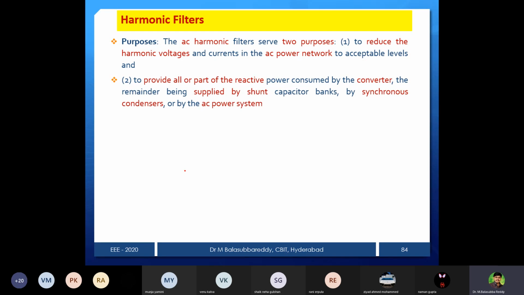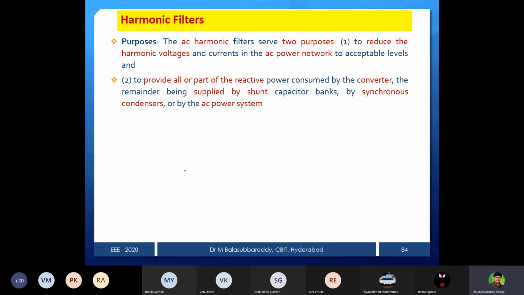So these are the two purposes. One is to reduce the harmonic voltages and currents on the AC side up to the acceptable level, and the second is to provide all or part of the reactive power consumed by the converter. This is also one of the major factors in compensation.